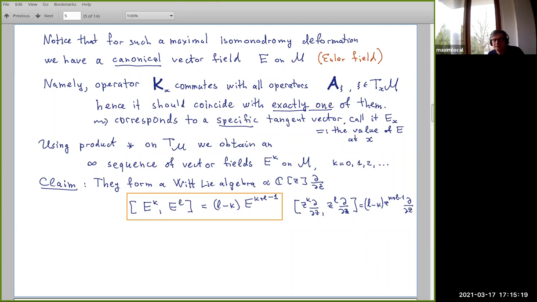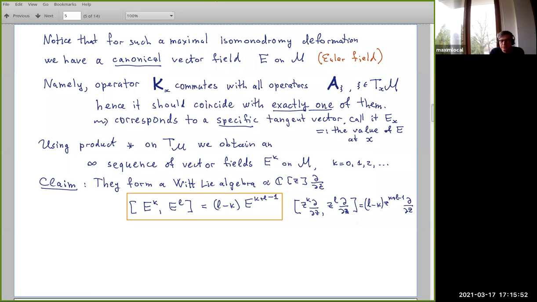So I get a certain remarkable vector field. And recall that we have a product on the tangent bundle, a pointwise product, because it's a commutative algebra anyhow, denoted by star. Using the product, one can make new vector fields by raising to powers 0, 1, and so on. Power 0 is possible because it's a unital algebra.